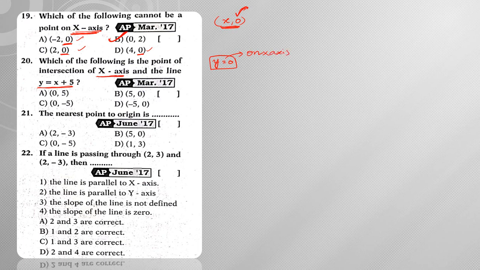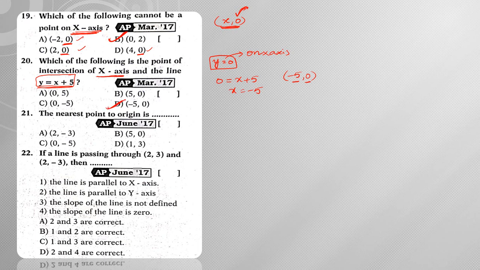Now simply, in this equation I am going to substitute y is equal to 0. So 0 is equal to x plus 5, from this x is equal to minus 5. Then how will you write the point? Point will be written as (x, y), that is nothing but x is minus 5, y is 0. So the answer is (minus 5, 0).